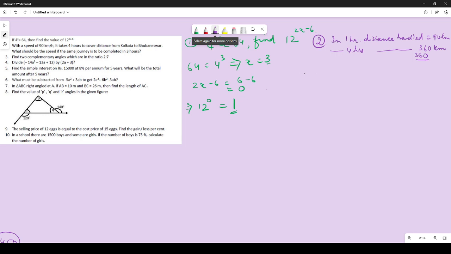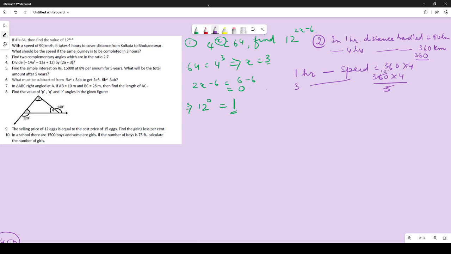So if the journey is supposed to be completed in 1 hour, then the speed required is 360 into 4, right? Because in 4 hours it is covering 360 kilometers. So if it has to cover it in 1 hour, the speed will be 360 into 4. But if it has to cover it in 3 hours, then it will be 360 into 4 by 3.